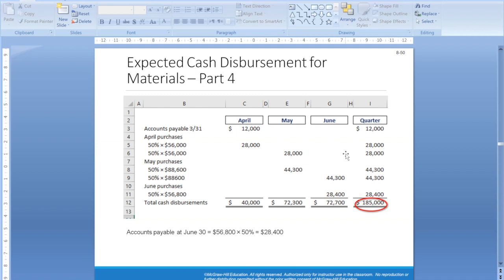This will be the balance of the accounts payable. Again, it will be similar to March. Then the next quarter, I will start with the 28,400 related to June. Why? Because it will be a beginning balance for July. That's all for the cash disbursements for materials.